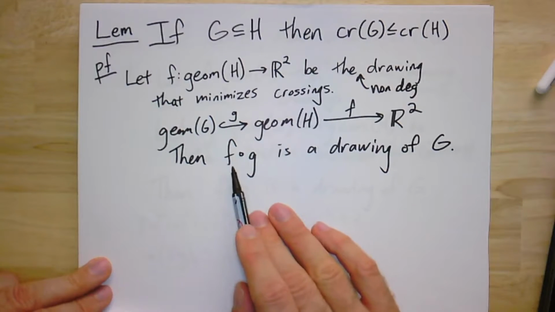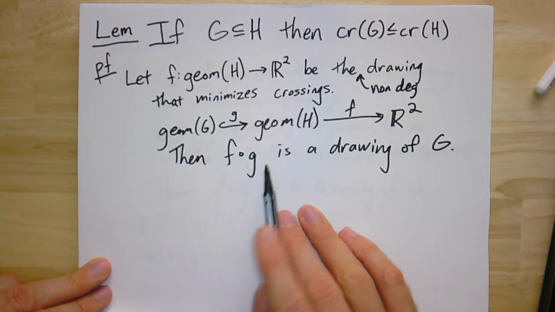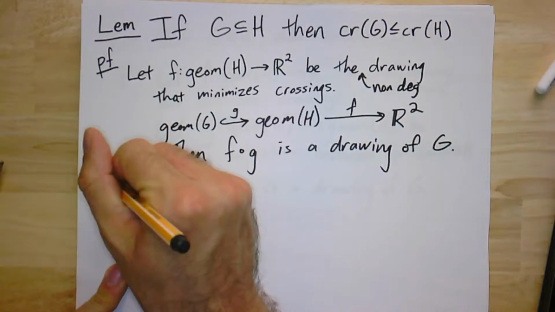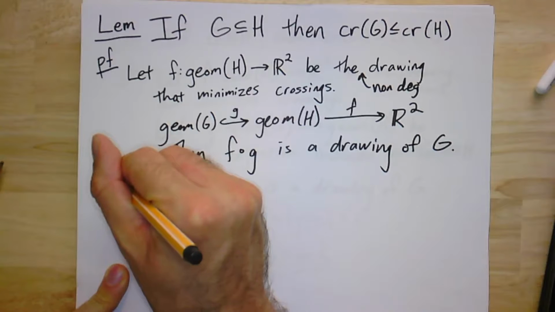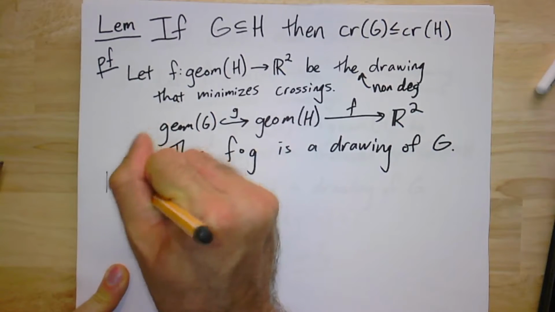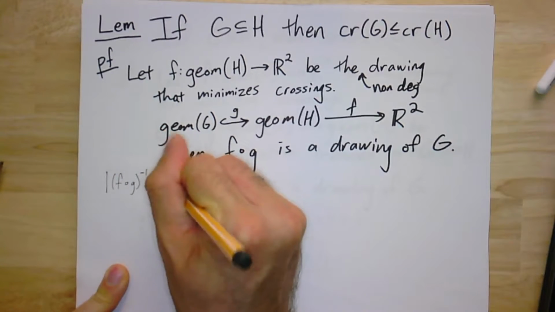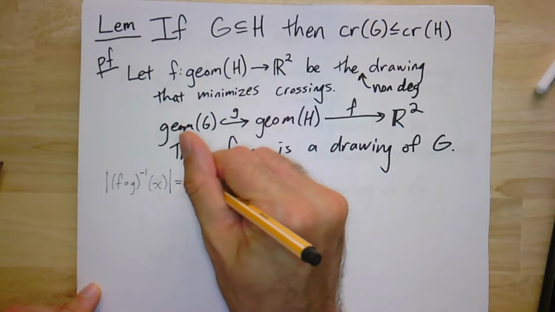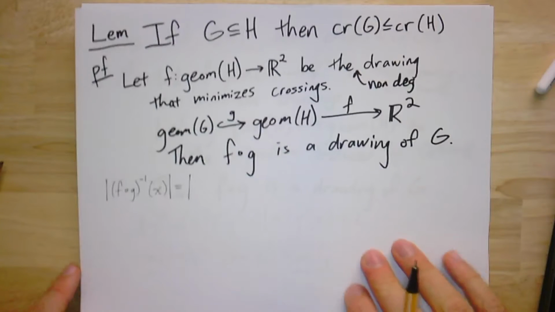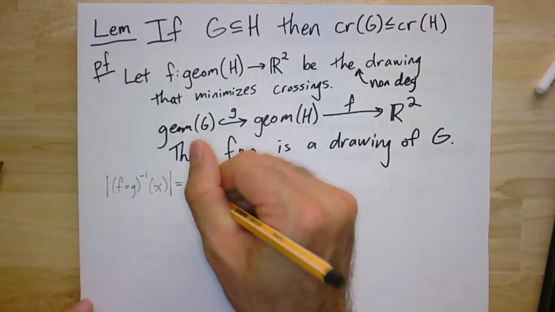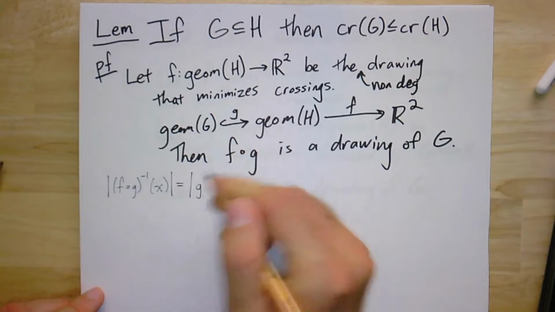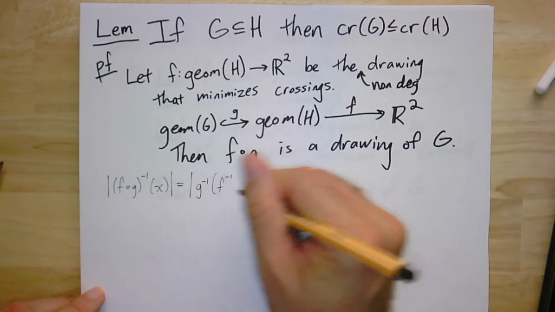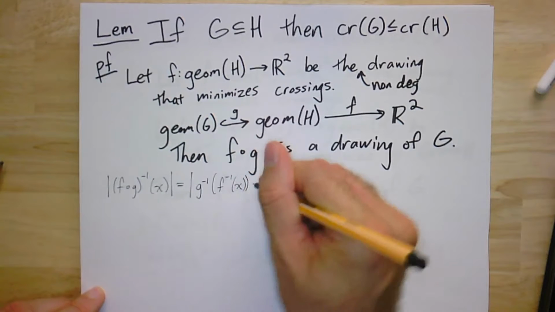Next, I want to check that this composition is non-degenerate. So if I look at the pre-image, (F compose g) pre-image of some point x in the plane, I'm looking at the size of the pre-image, that is equal to taking the pre-image with respect to g of the pre-image with respect to F of x.